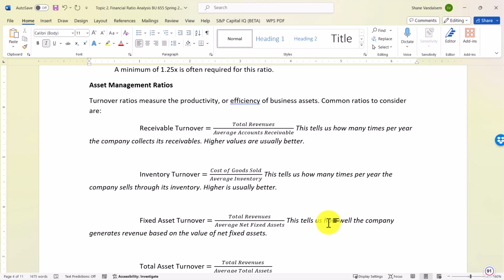And so this is an important number to look at because it tells us how well they're making those decisions in finding the right fixed assets to invest in for generating revenues for the company. Higher is usually better.